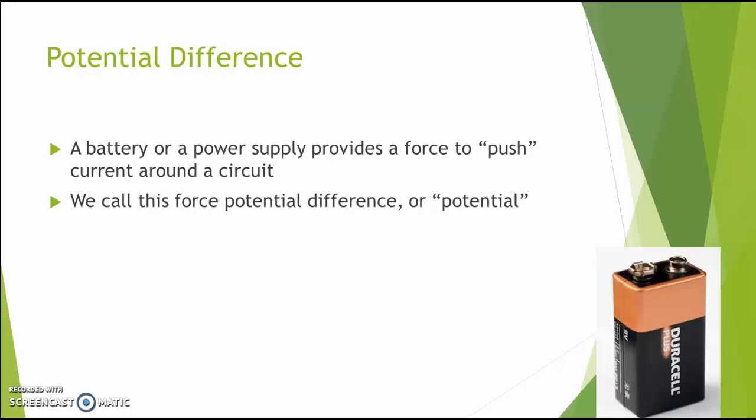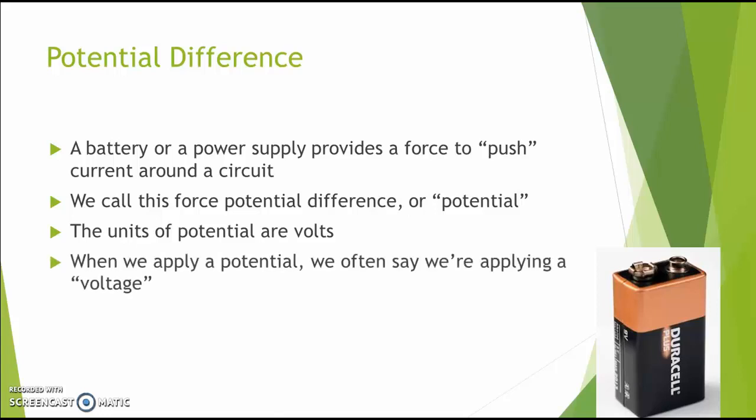The force that pushes the electrons through the circuit is called the potential difference, or the potential, and units of potential are volts. When we apply that potential, we'll often say we're applying a voltage, but more correctly, we're applying a potential difference across.